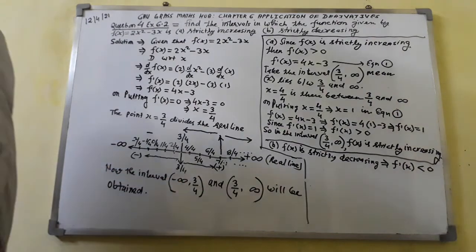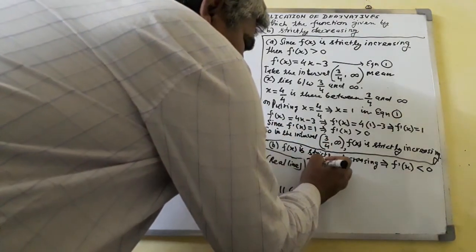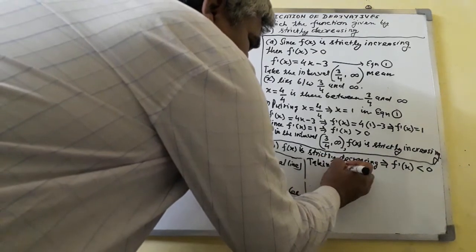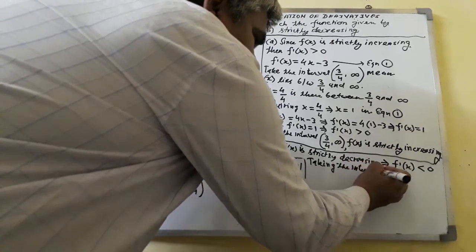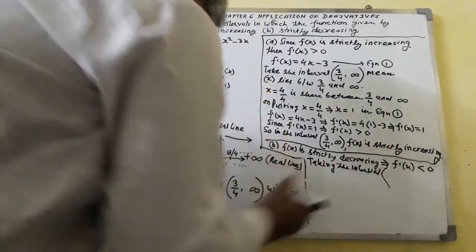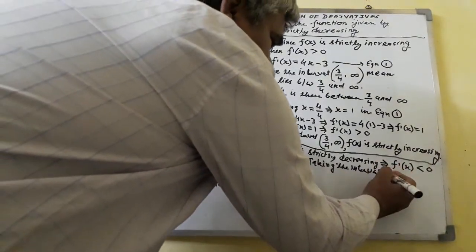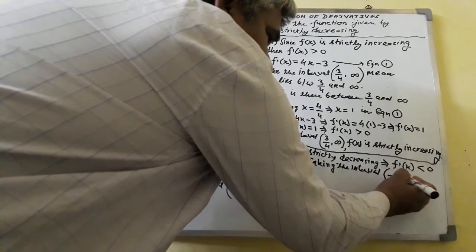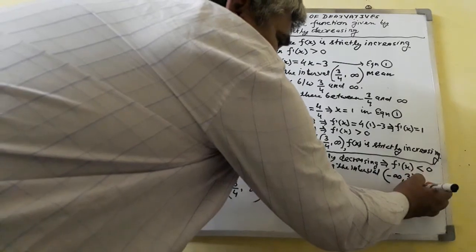Taking the interval, the open interval minus infinity comma 3/4 open interval.